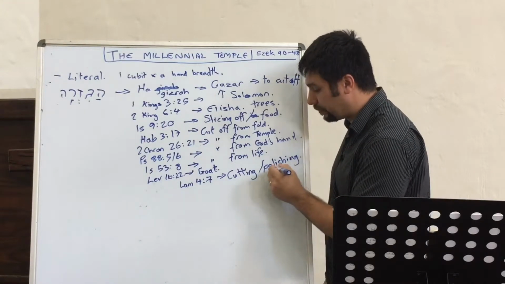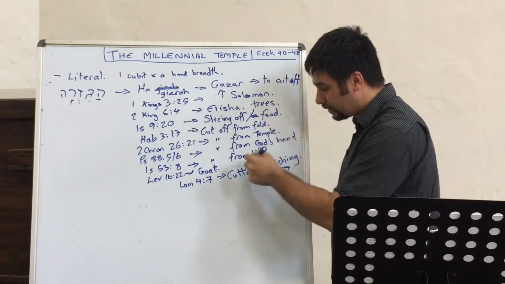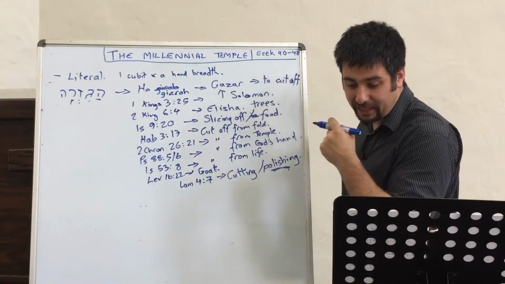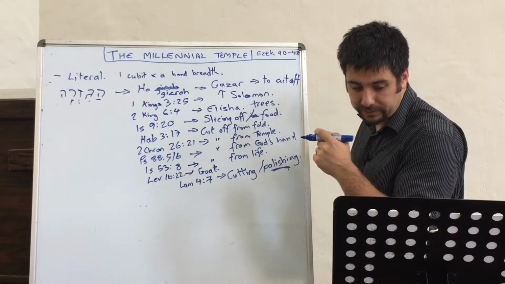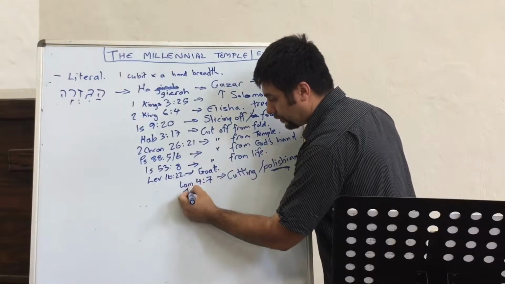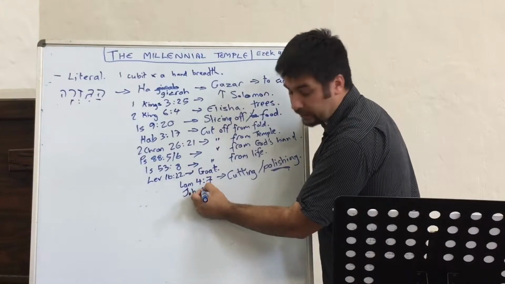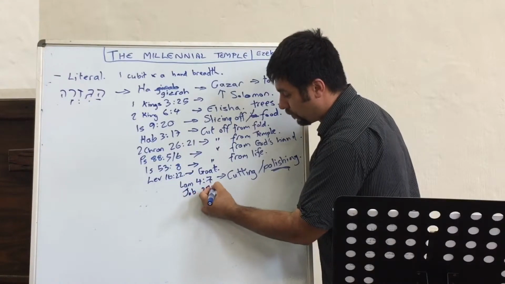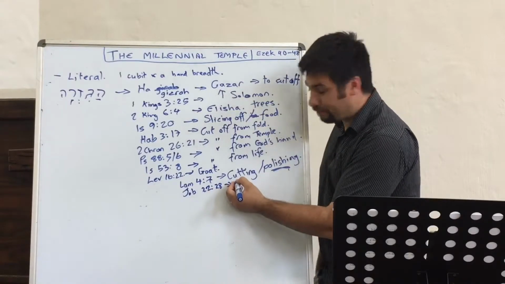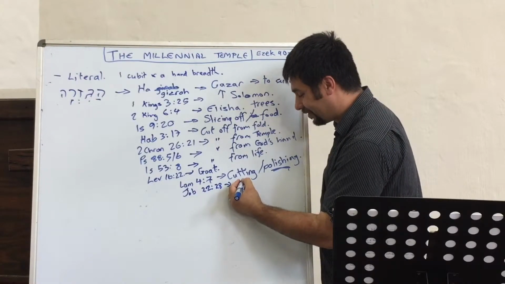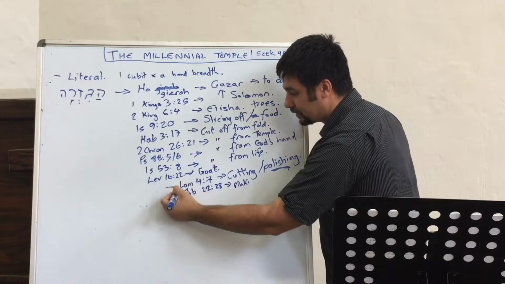But polishing a diamond, cutting the diamond, it uses that term. And the other time is, where is it? Yeah, Job 22 verse 28 speaks about making a decree. Okay, those are the 2 exceptions at the end.